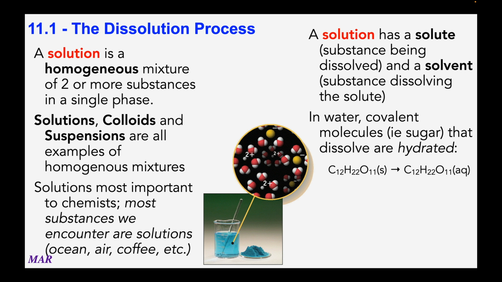C12H22O11. Sugar is a solid, if you've ever used it, a white solid. It dissolves really well in water to make a sugar solution. On the right-hand side of the arrow there, C12H22O11(aq), that's the sugar dissolved in water. When you say sugar solution, you don't say water solution. Sugar is the exciting part.